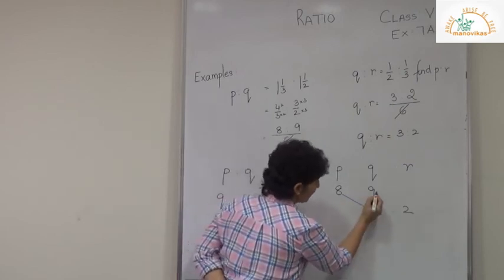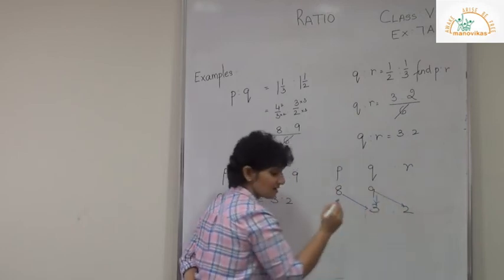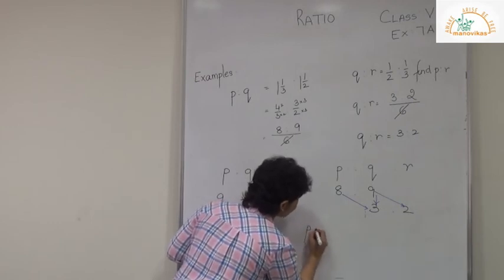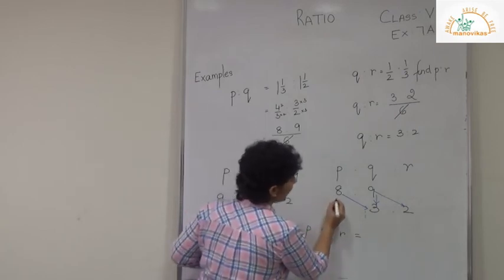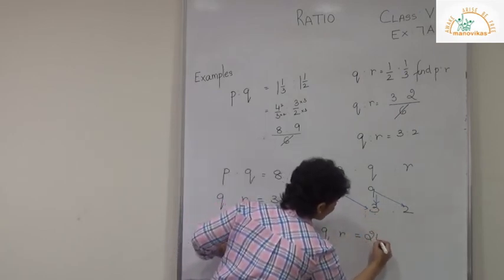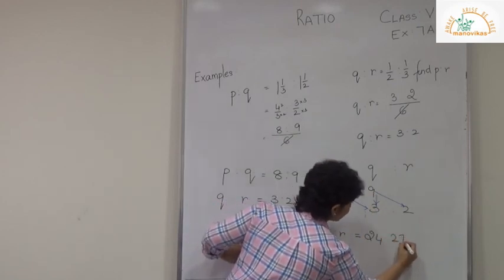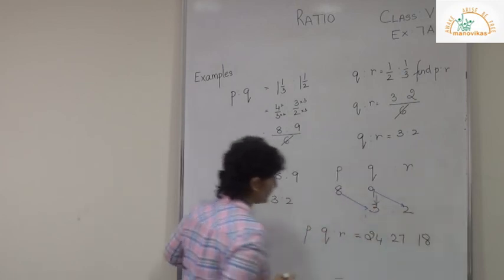You multiply this and this. You multiply this and this. And this goes one to the other. So P is to Q is to R is equal to 8 3s are 24. 9 3s are 27. 9 2s are 18.